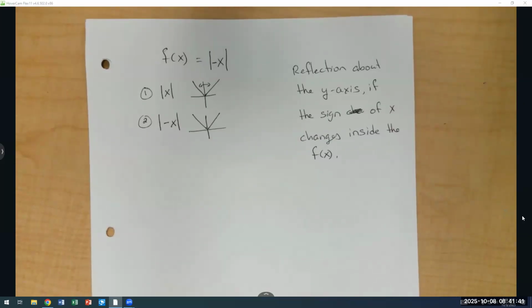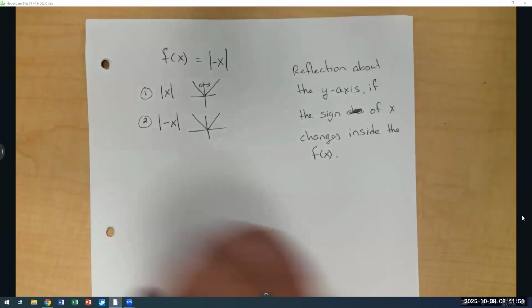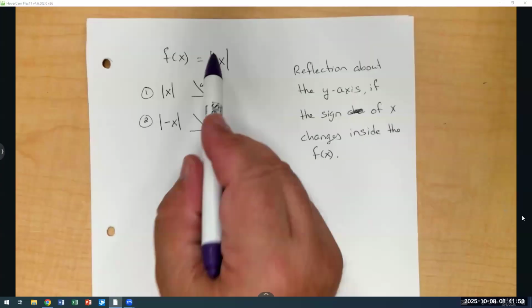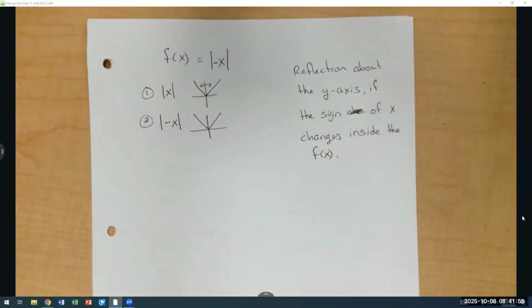In other words, all you do is just flip it across the y-axis. Make sense? If it only changes the sign of x, it only flips across the y-axis.